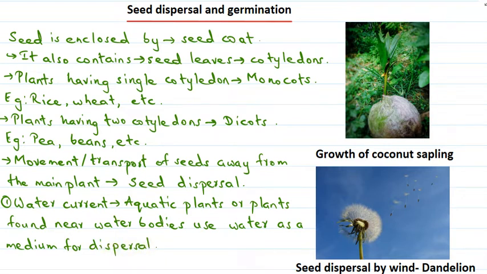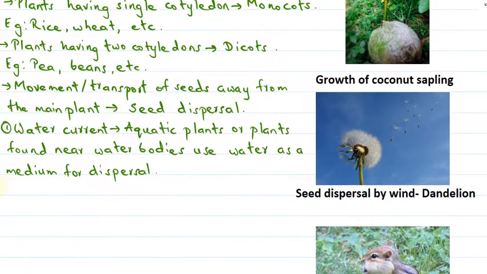The seeds float on water and then reach different places. For example, this form of seed dispersal can happen in water lily, in coconut, etc. So this was by the help of water current.